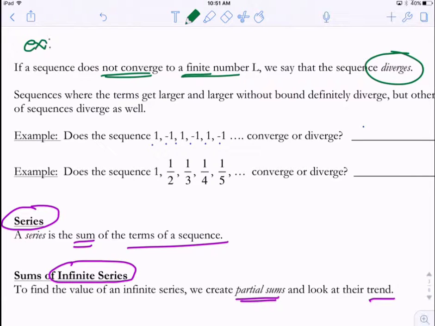So if you have a sequence like this, 3, 5, 7, 9, 11, are these terms getting closer and closer to a finite number? They are not. They're getting larger and larger and larger without bound. And so we say that this sequence would diverge.